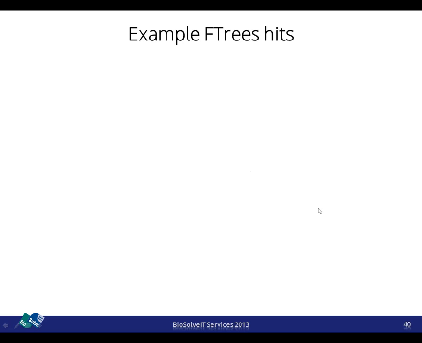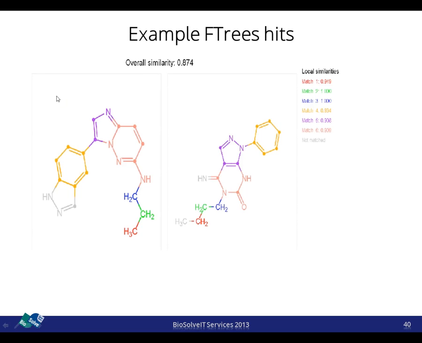So in terms of example feature trees hits, and of course you should remember this is just a very small subsection of potential chemical space. Here's our molecule that we were searching for, and it's picked out this different core. The colors map the atoms that have been mapped as being similar features.